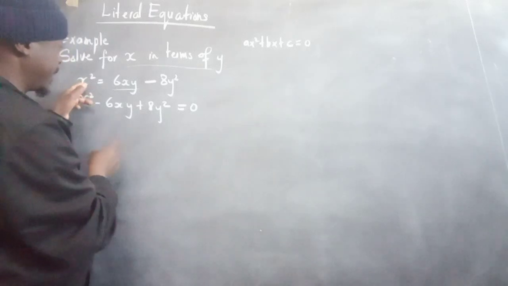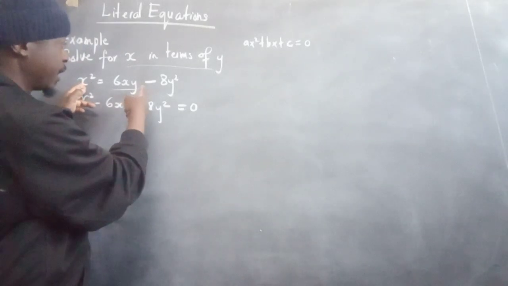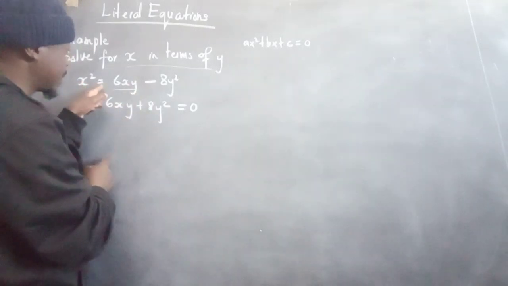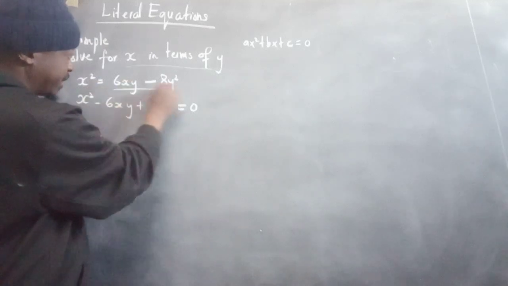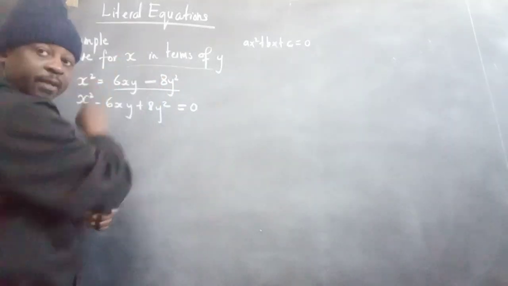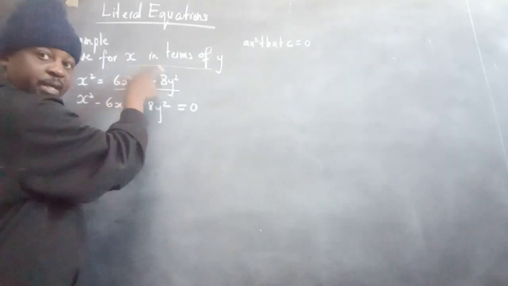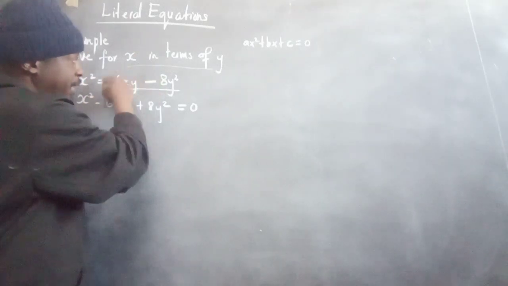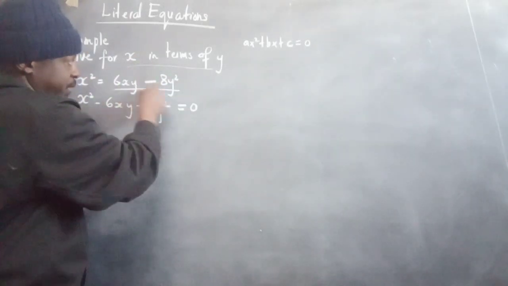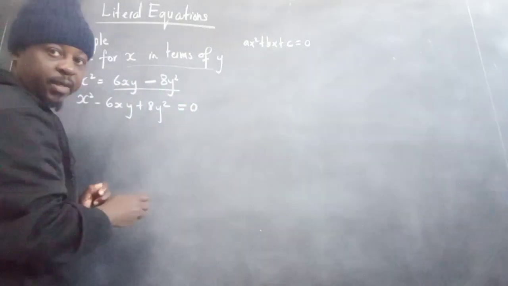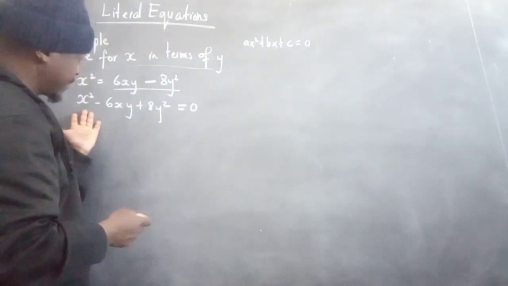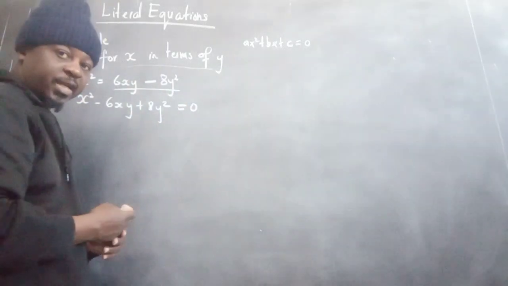When we take everything to the left hand side, this side remains with nothing, which is 0. That's our 0 here.